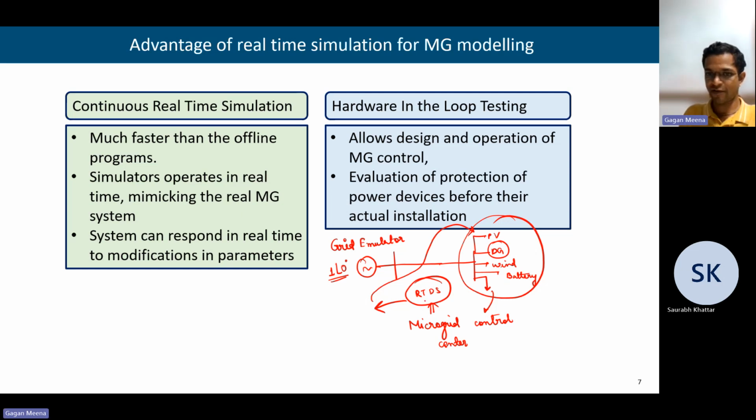Because we want to control them, we need input. We need their output, the output voltage and current of the PV. So this RTDS will take inputs from all of these: PV, wind, battery, supercapacitor, fuel cell, and it will give a control signal to each of these.